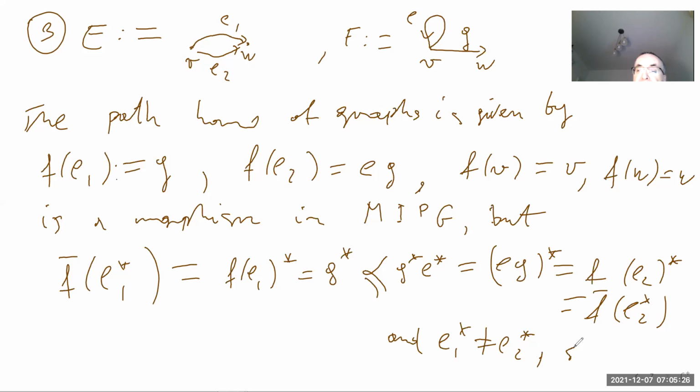So f bar is not in MIPG. Okay, so this is what I was telling you when we were formulating the assumptions of this proposition that Niklas was proving, why I decided to skip this M condition, because I cannot extend it to extended graphs.